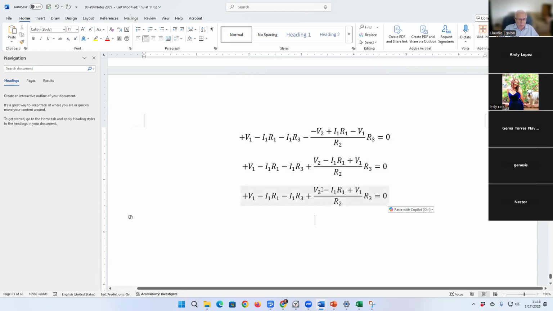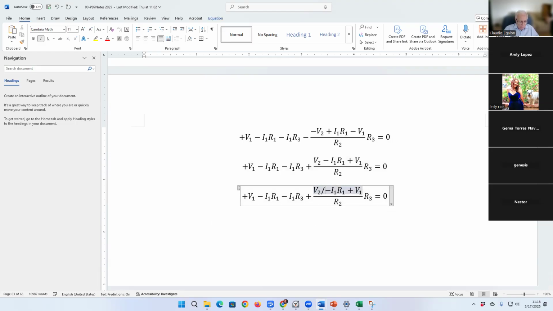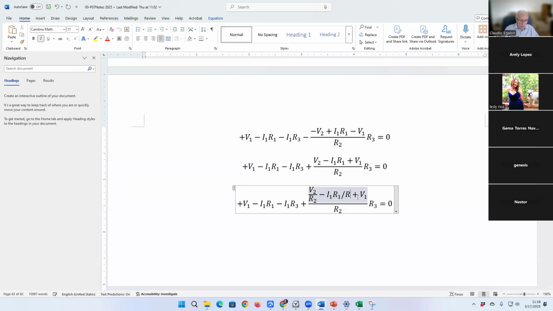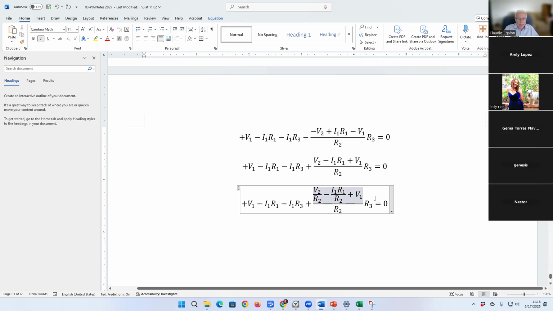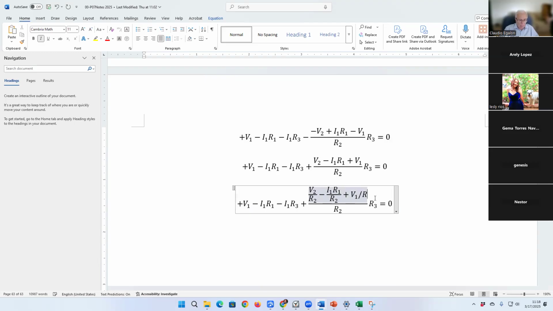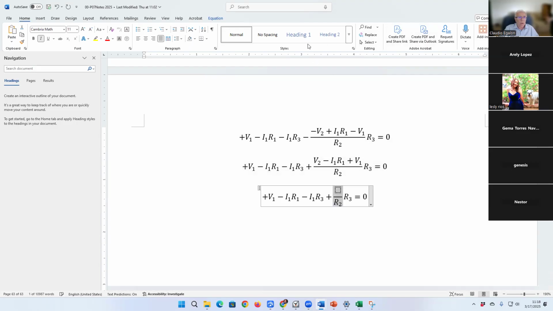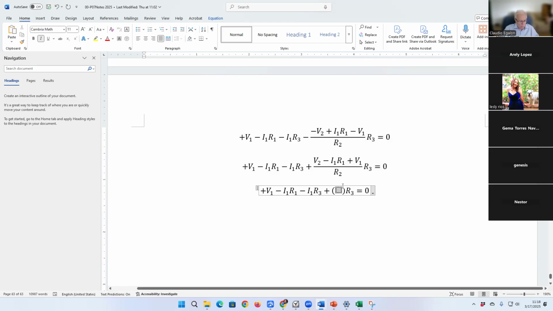everything here. We're gonna be V2 divided by R2, I1 R1 divided by R2, V1 divided by R2. And I'm going to put everything here under parentheses. And then I still have to multiply by R3.